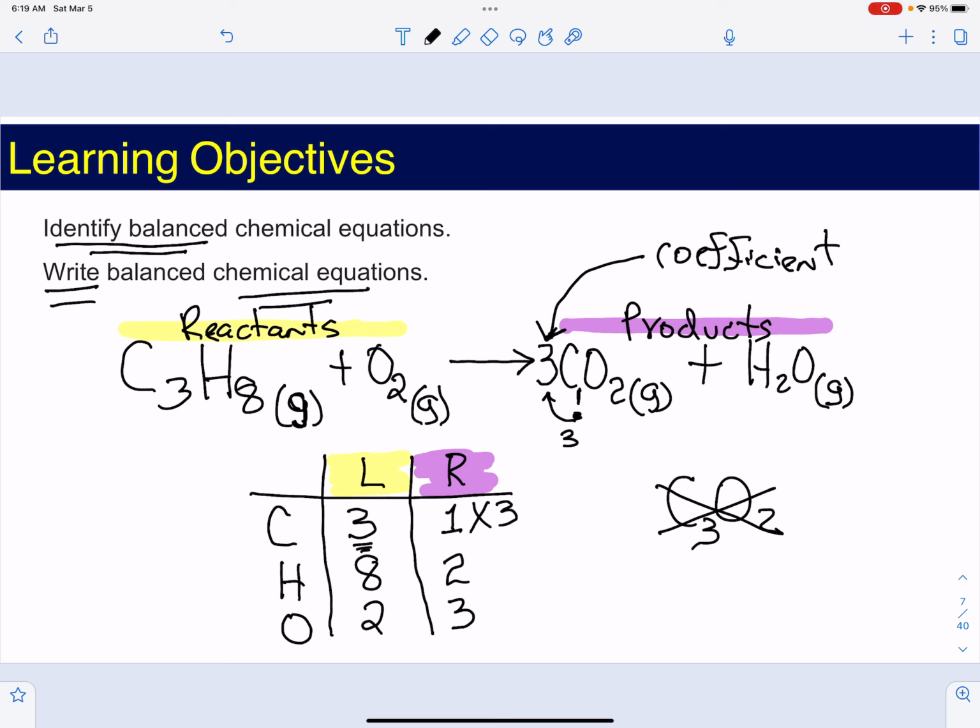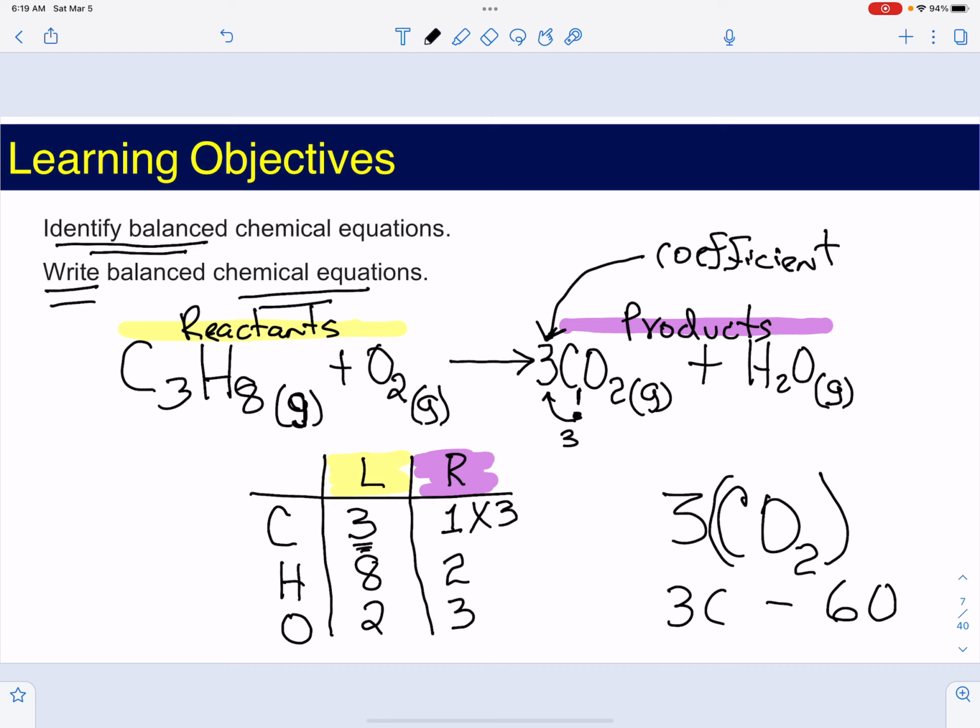However, the moment I put that 3 there, that 3 is affecting everything. So I have 3 carbons and 6 oxygens. 3 times 1 is 3. 3 times 2 is 6.